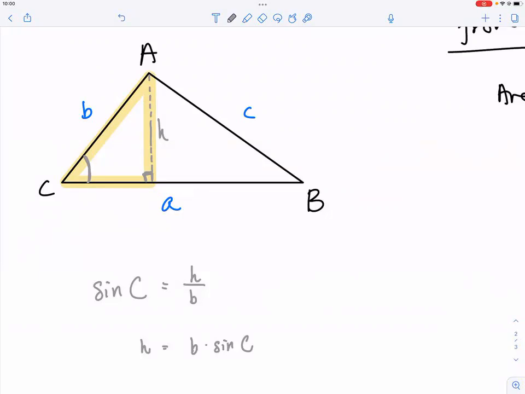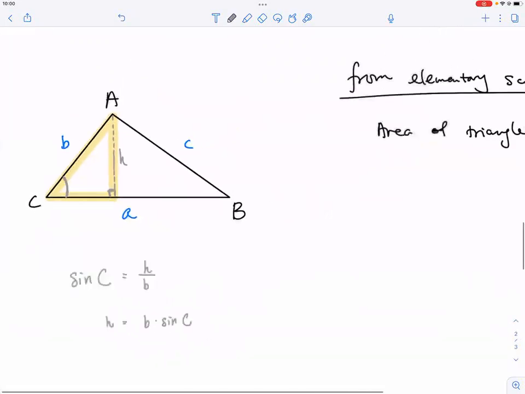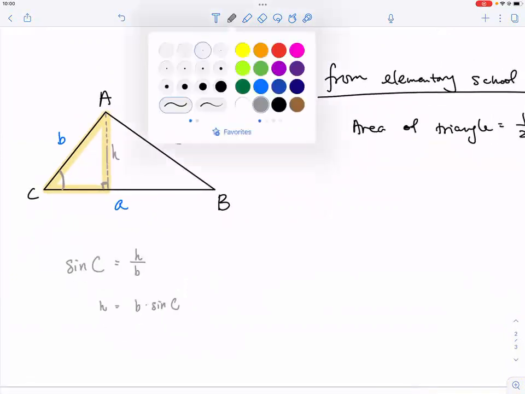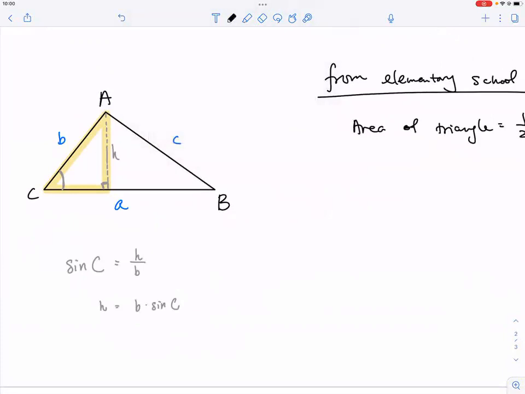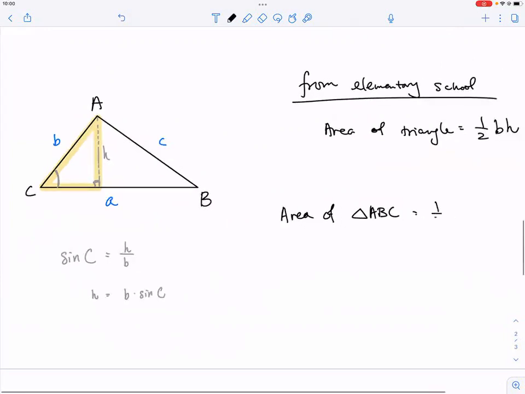So now you have this triangle well constructed, and we say, well, how do you find the area of this triangle? Well, the area of triangle ABC is 1/2 base times height, right? So base is A, and you'll have your height right there.